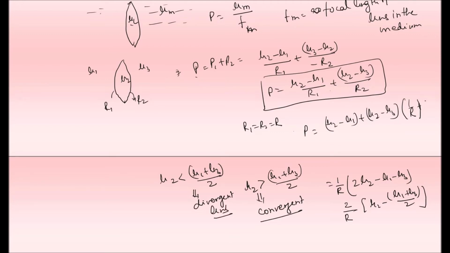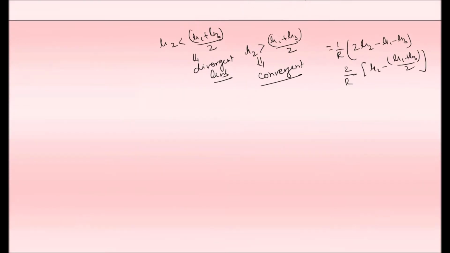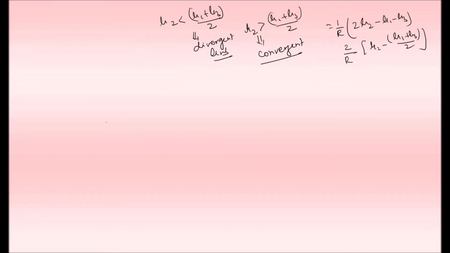Now we will calculate the power in some situations. So consider this lens, and you have to calculate the power of this lens, with r1 and r2, where both r1 and r2 are equal to r, and this is the medium having refractive index mu2, this is mu1, this is mu3.